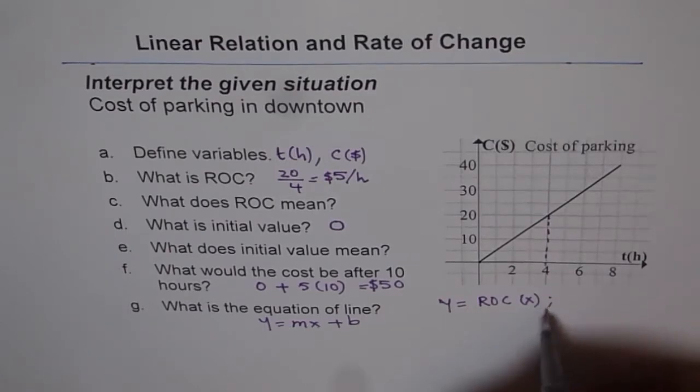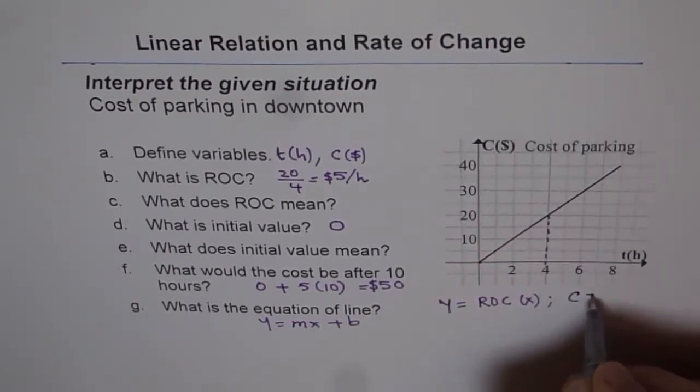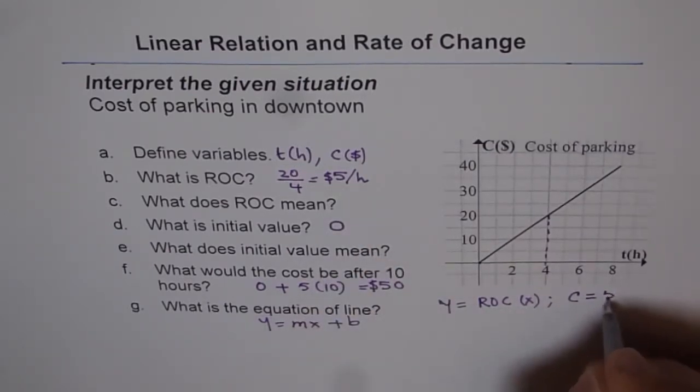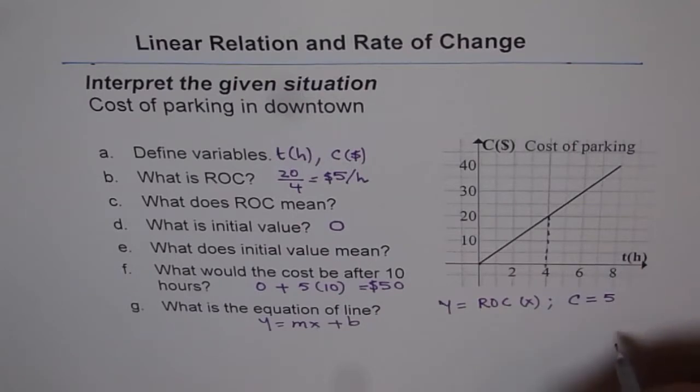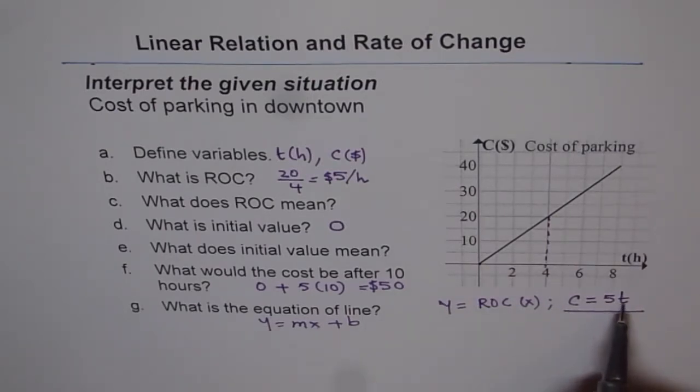In our case, the variables are cost, c. So cost of parking equals rate of change of 5 times independent variable t. So the equation which represents this situation is c equals 5t, where t is time in hours and c is cost in dollars.